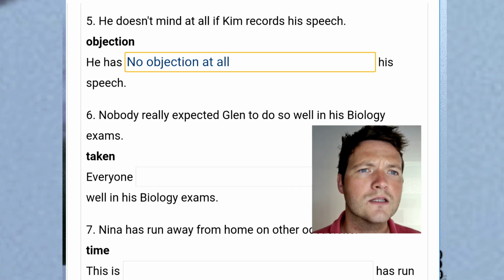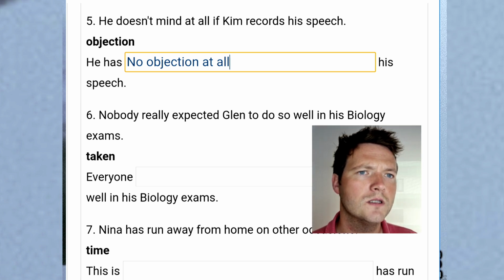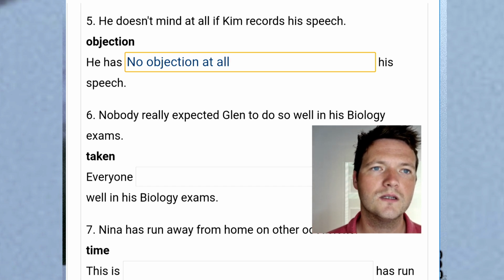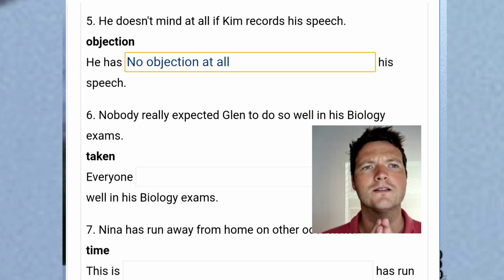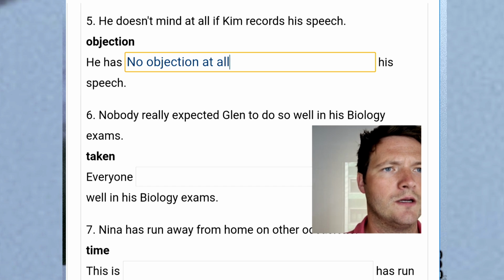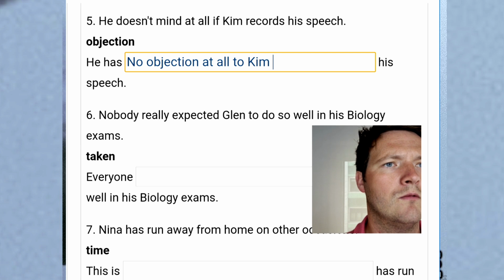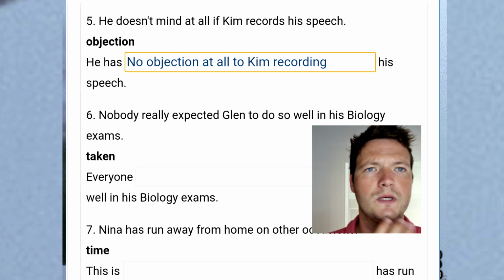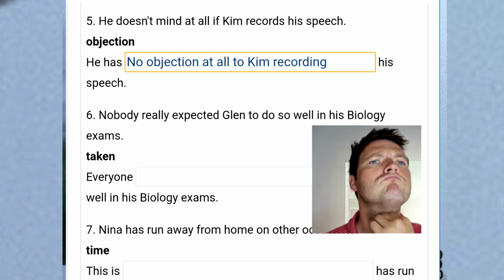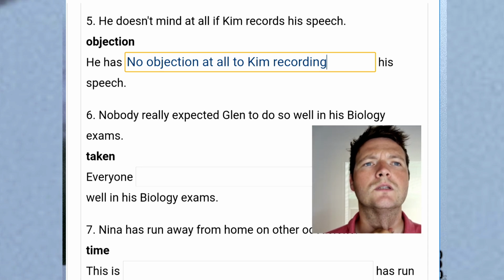Now, I suppose you could say he has no objection whatsoever, but as they use the expression at all, I think, just so that it's as similar as possible to the first sentence. He has no objection at all to Kim recording his speech, I think. Yeah, I think that's right.